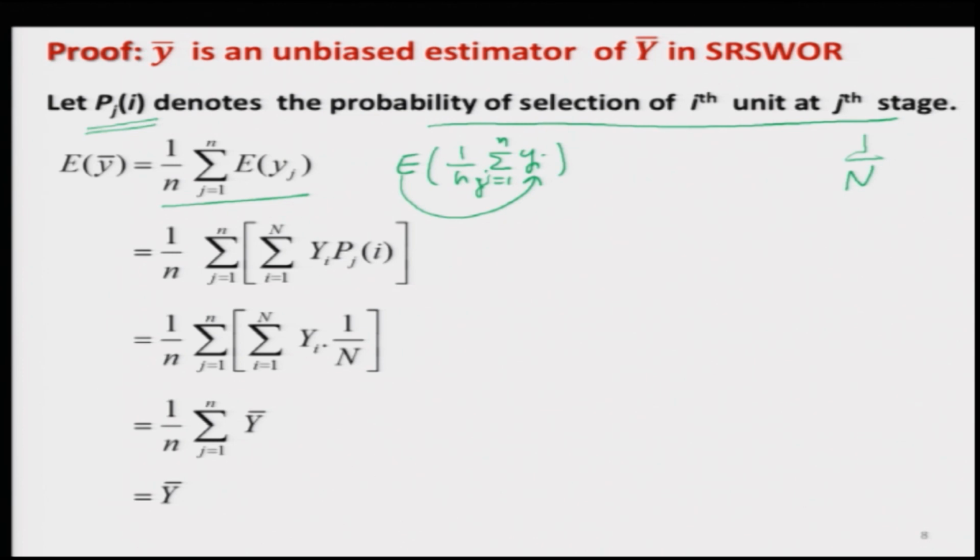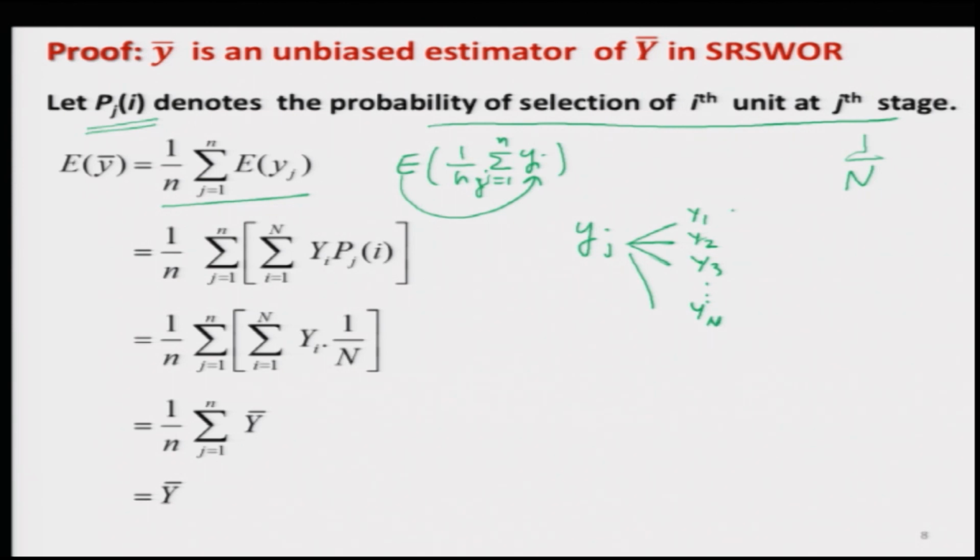Now, the expected value of any random variable is defined as the sum of the values of the random variable multiplied by its corresponding probability. Here yj is my sample value. This is one of the values obtained from the population, so it can be the first value, the second value, the third value, or the last nth value also.